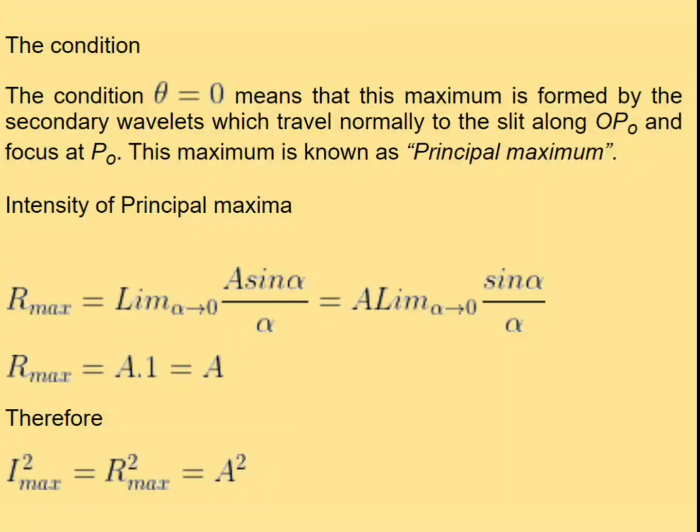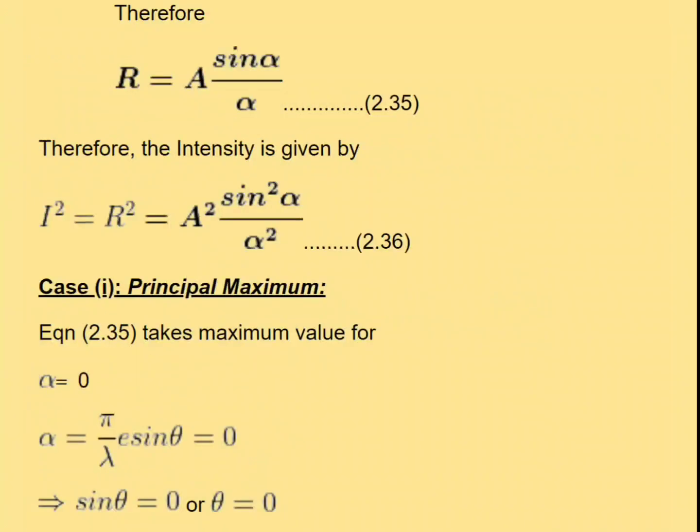Now by substituting the value of alpha here, A sin alpha by alpha, actually without limits, when theta is equal to 0 or alpha is equal to 0, the resultant amplitude becomes 0 by 0.